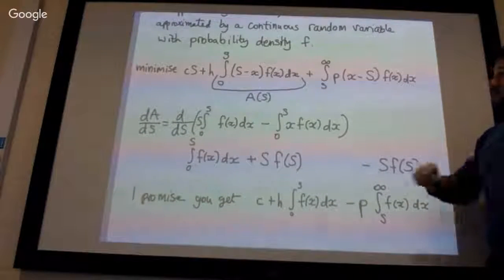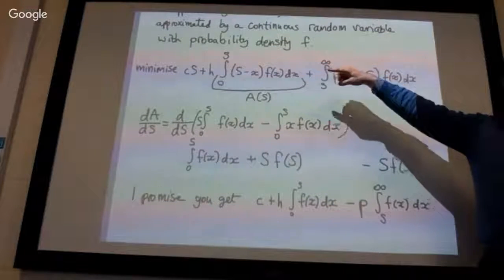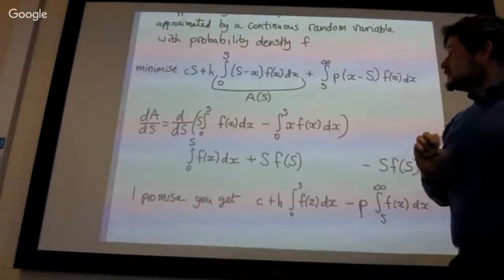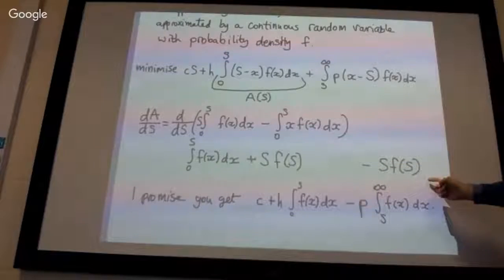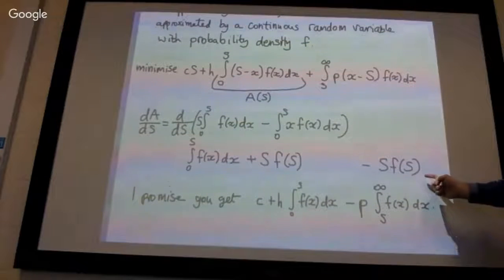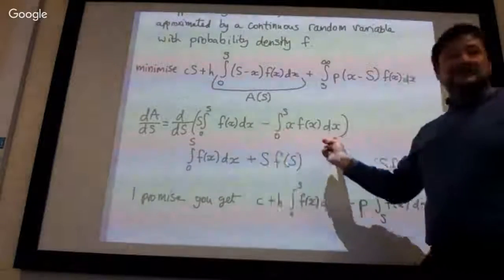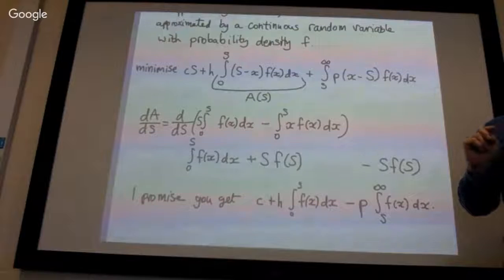What we wanted to do with this, minimizing this, was differentiate it by S. S is the decision variable, that's the unknown. And we differentiated this integral in this way, and what we got was, well, we did it like that, using what's called the fundamental theorem of calculus.